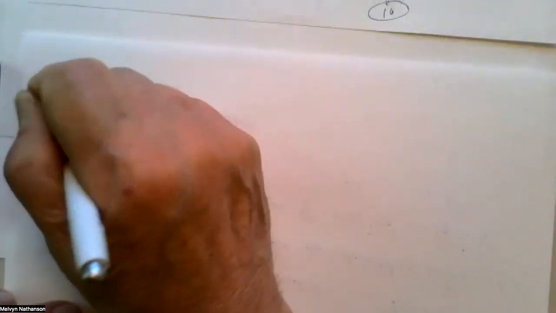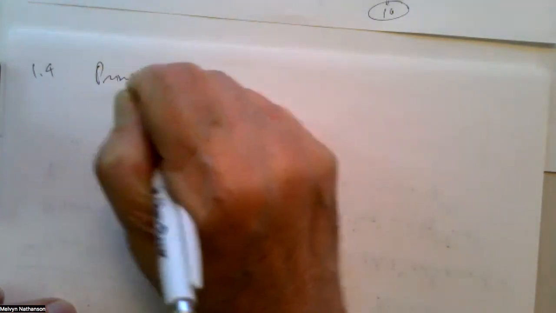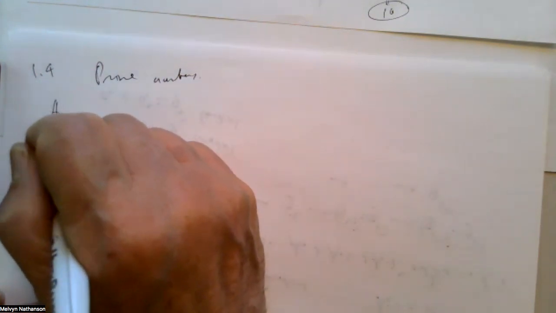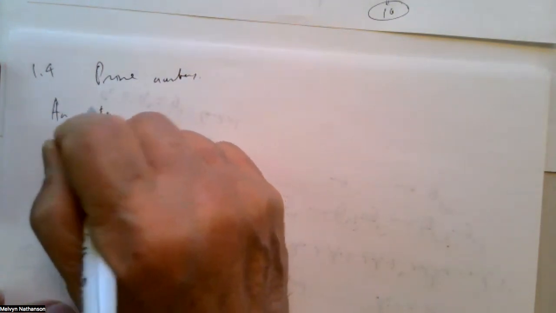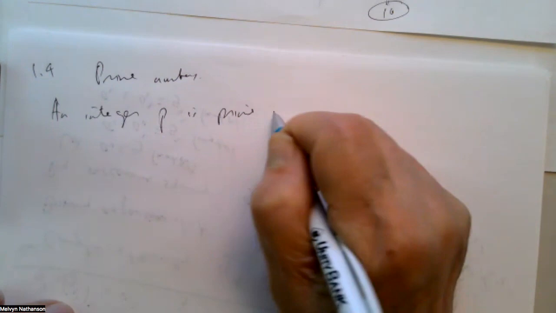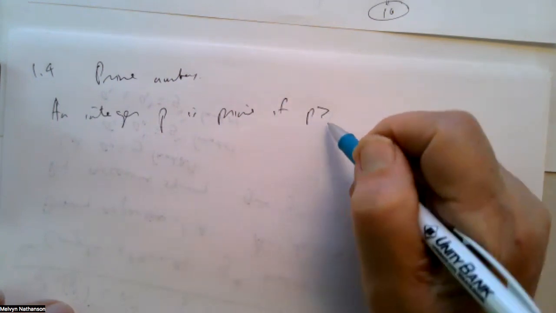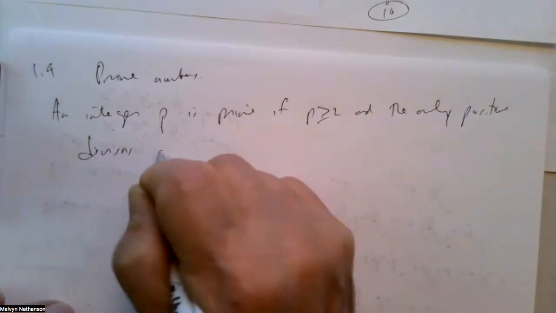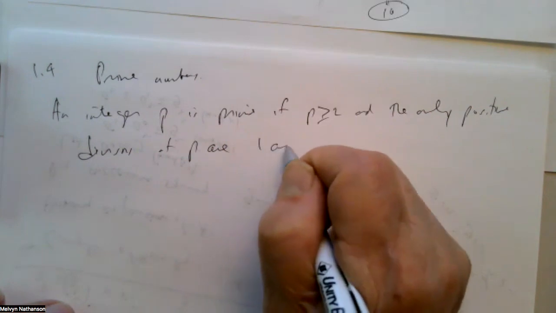Okay, so we've just been talking about modular arithmetic. Now I want to go to section 1.4 and say a little bit about prime numbers. So an integer p is a prime number if p is bigger than 1, that means at least 2, and the only positive divisors of p are 1 and p.